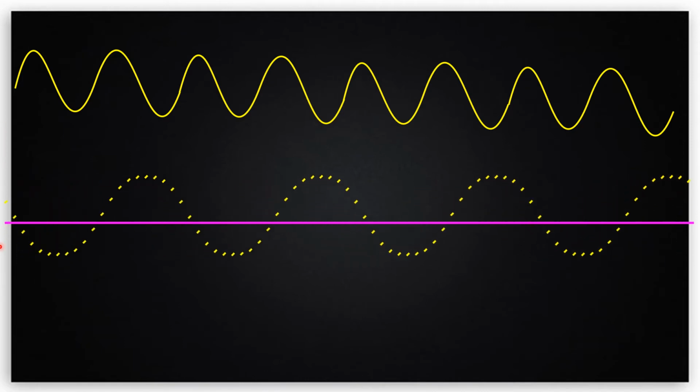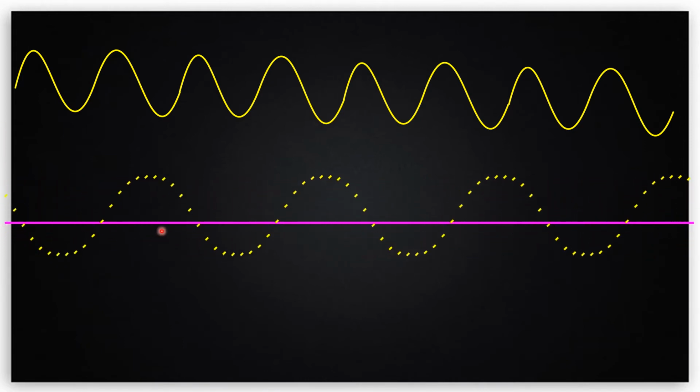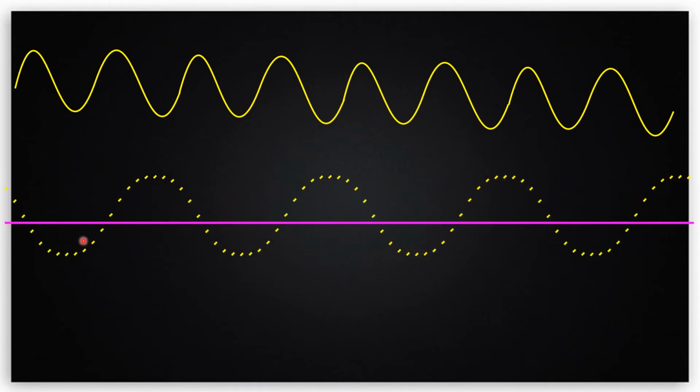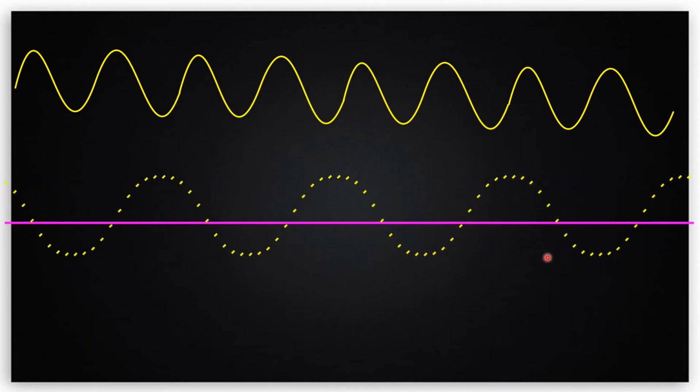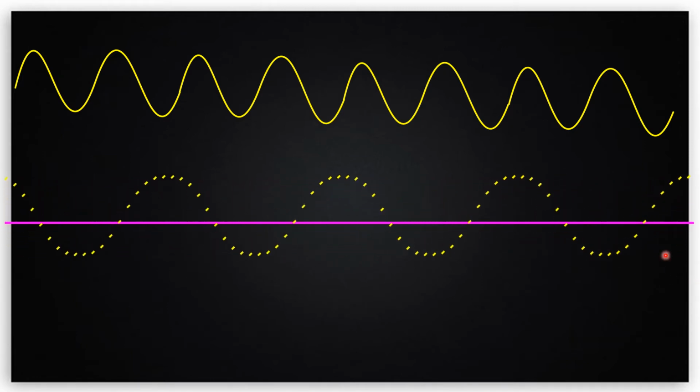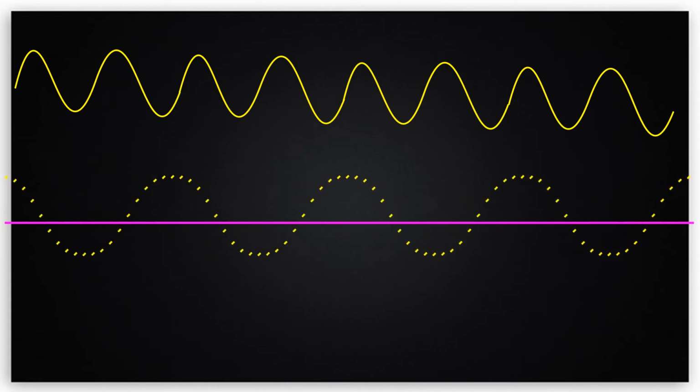Instead, they are vibrating about their mean position, about a fixed point. See here, the particles are vibrating like this, but the disturbance is moving throughout the medium. This is called a wave. Light also travels in the form of waves like this.